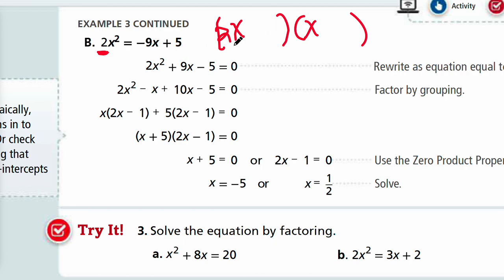Then you're going to find factors of negative 5 that add up to positive 9. So 5 and 1: positive 5 and positive 1, negative 5 and negative 1. You're going to add them up. It has to be positive 9, so it's probably going to be 5 and 1.